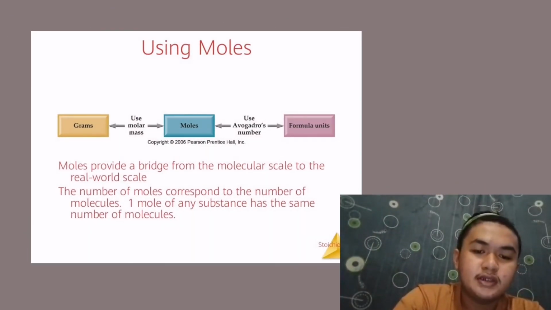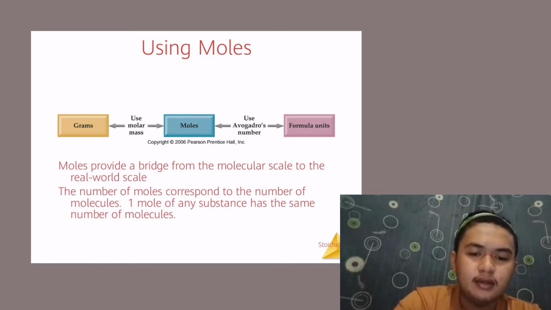Using moles: grams, use molar mass; moles, use Avogadro's number; formula units. Moles provide a bridge from the molecular scale to the real-world scale. The number of moles corresponds to the number of molecules. One mole of any substance has the same number of molecules.